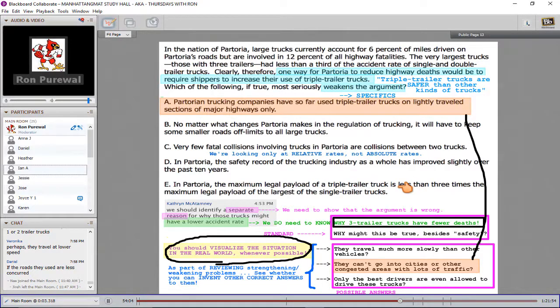And then E, there's no reason why a lighter load in a truck would have anything to do with fatality. There's no reason to think that this would have any direct relationship to that. So we have correct answer, irrelevant, irrelevant, irrelevant, irrelevant. Again, when you review the problem, make sure you get to that point too. Black, white, white, white, white.